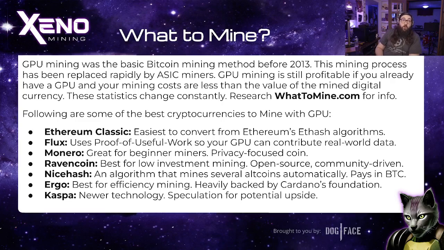You've probably heard the term ASIC resistant. What is ASIC resistant? It means ASICs are going to have a harder time mining this. Well, you know what was ASIC resistant at one time? Bitcoin, Litecoin, any of these other coins. At one point, they were ASIC resistant.